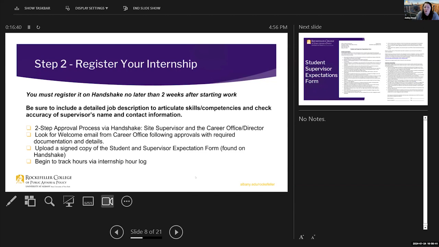So they will be sending you a copy of our student and supervisor expectations form, also found on Handshake, for you to sign. They'll also send you documentation, including the internship hours log, instructions on how to attach documents on Handshake, and they'll provide you with other information that you need to be submitting, including a resume at the conclusion of your internship with your new experience.